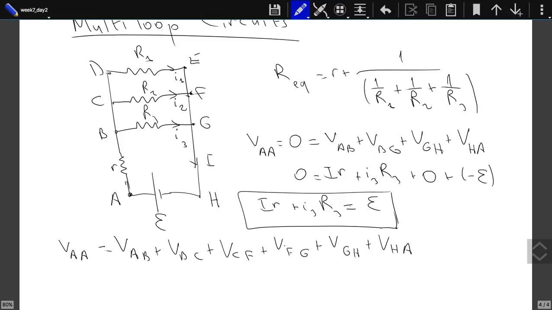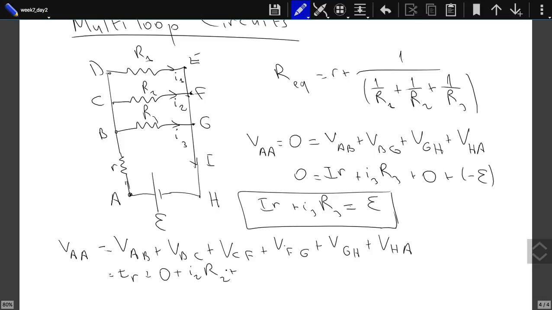Okay. VAB. The potential difference drop as we go from A to B is I times R. From B to C, 0, there's no resistance. From C to F, I2 times R2.